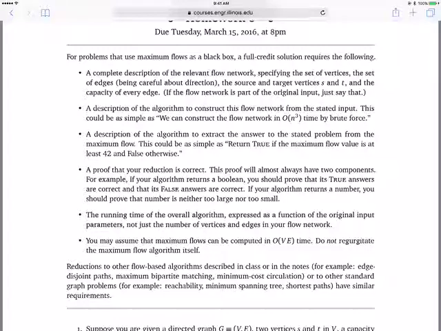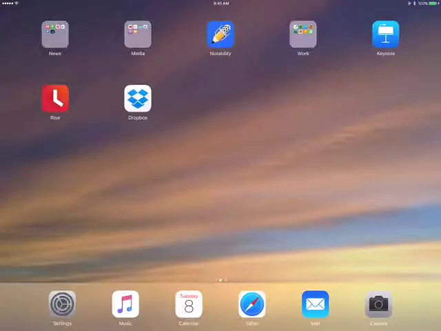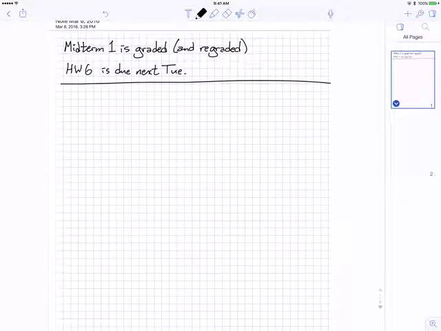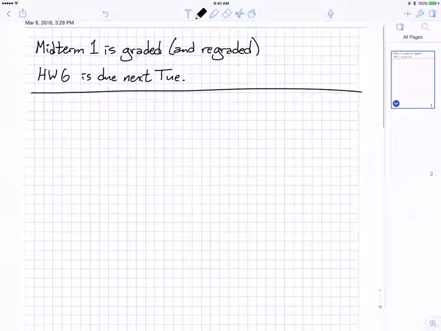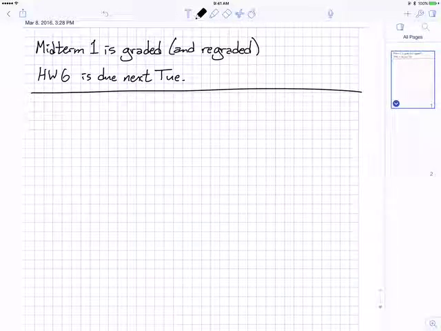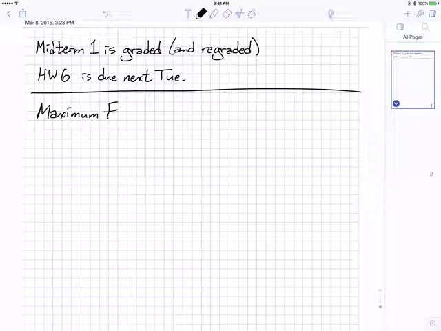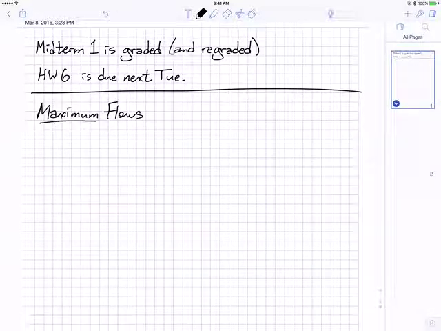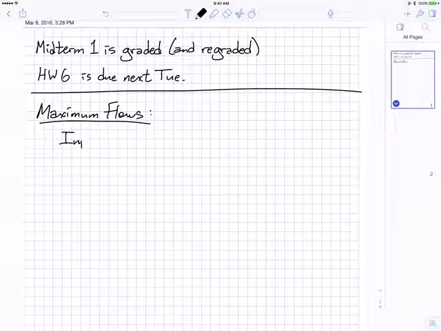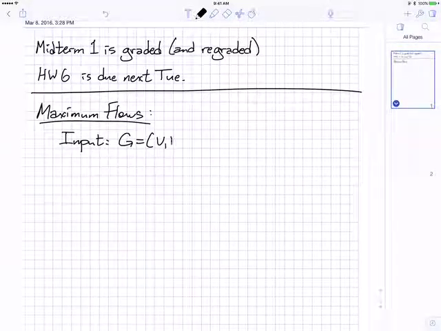Okay. So, if there are no other questions, then we'll continue talking about maximum flows. Okay, so the maximum flow problem: you're given as an input a directed graph with vertices and edges.